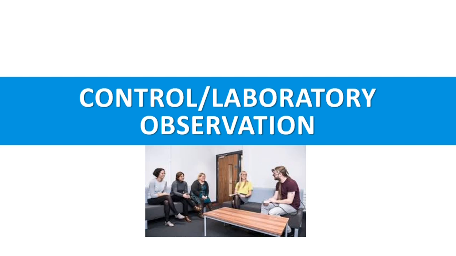The advantages of controlled observation include that you have control over the environment. That is the main advantage of laboratory observation. And the disadvantages would include that you do not get as real a result as you do in naturalistic observation.